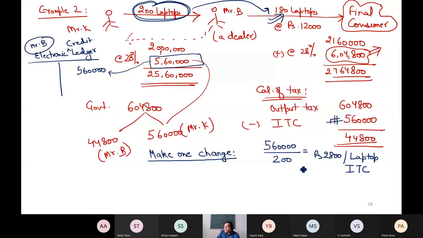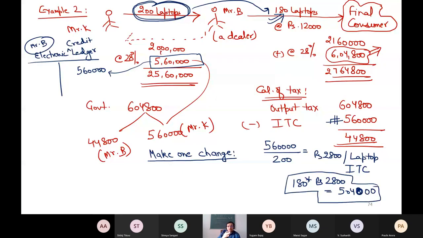This problem should not come in your mind. You should not ask me the question that why 5,04,000 was not allowed to me as ITC, because I have cleared this point that ITC does not depend only on the number of goods. If 5,60,000 is allowed to you as ITC, this is the tax paid by you. You can claim it entirely. It does not matter how many laptops you sold. I hope this point is clear.